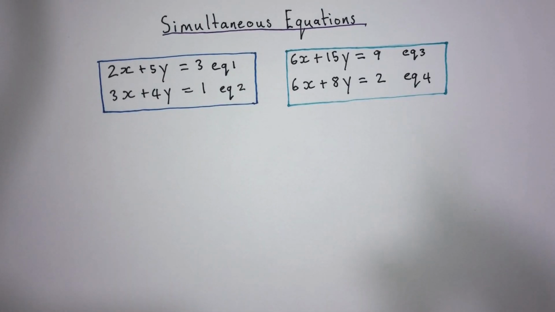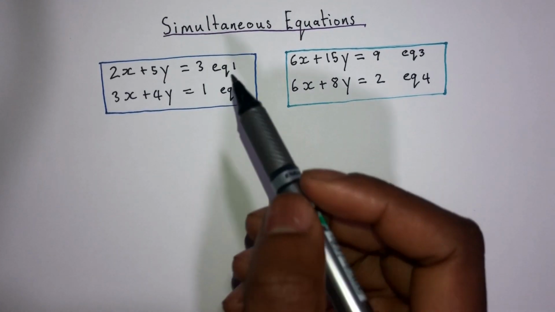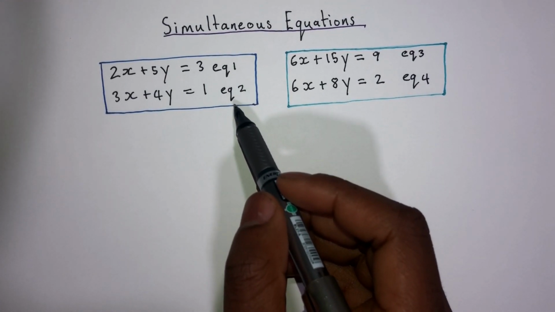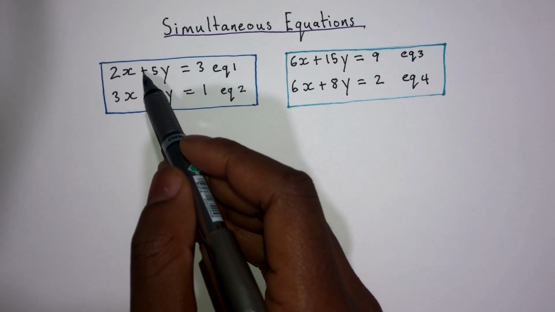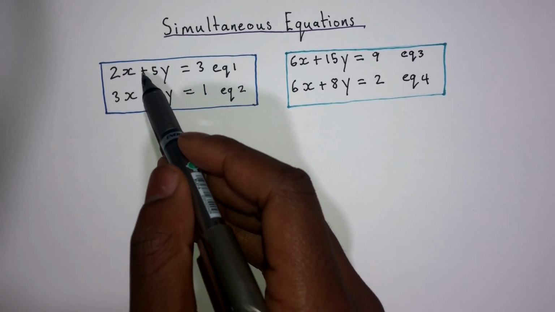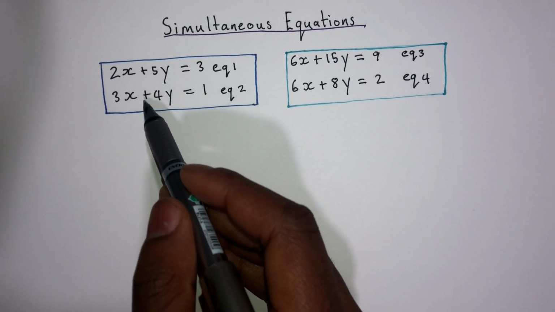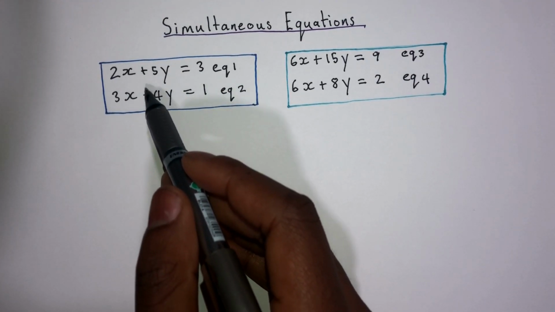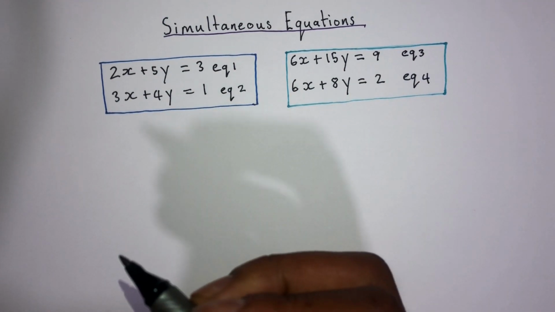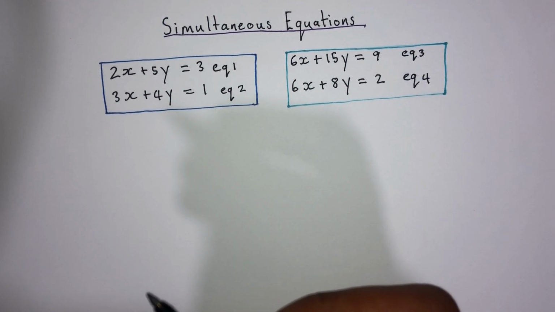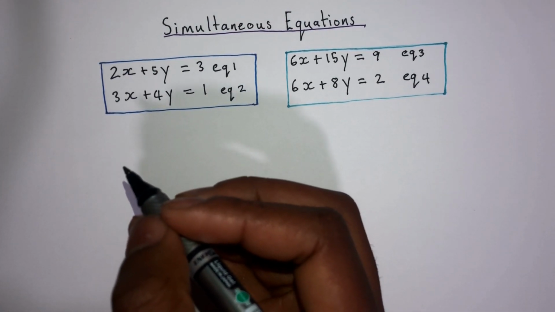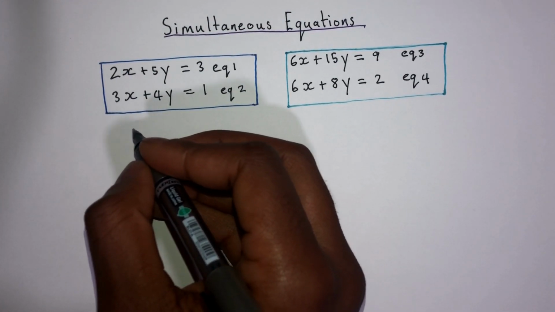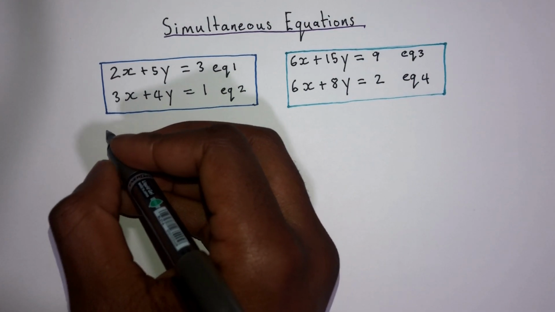The next thing we're going to do is look at equations 1 and 2. We can see that they both have the same signs. They both have the addition sign. And when we're solving simultaneous equations by using the elimination method, we have two abbreviations that will assist us.